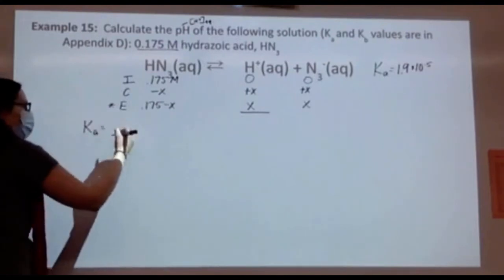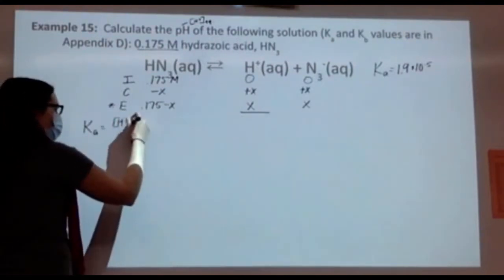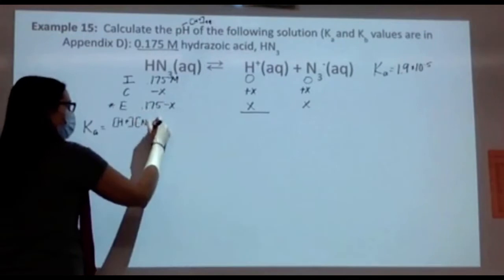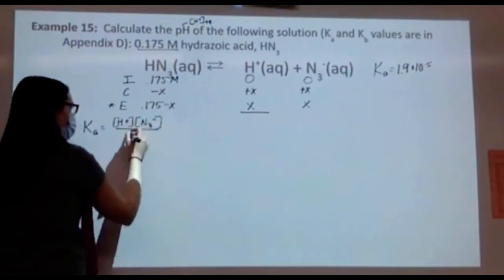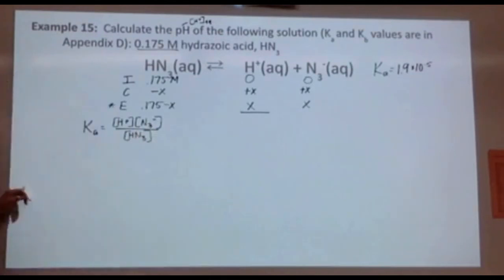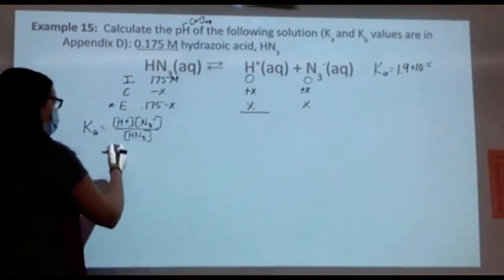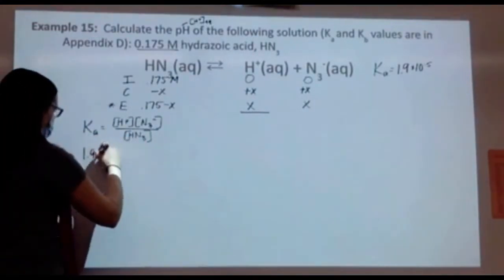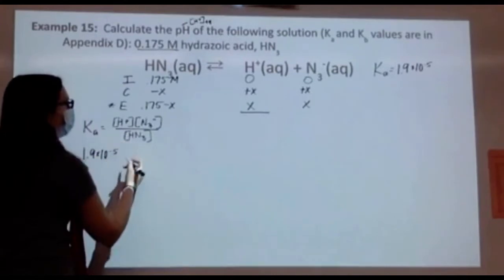Again, let's stay in the habit of writing the expression first. So H plus concentration times N3 minus concentration over HN3. Then we can plug everything in. Ka is 1.9 times 10 to the negative fifth.